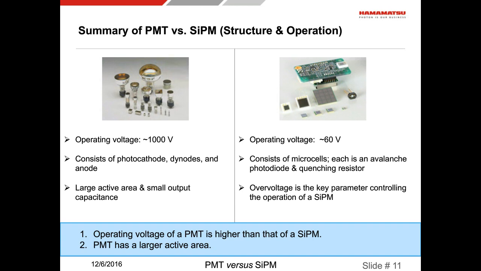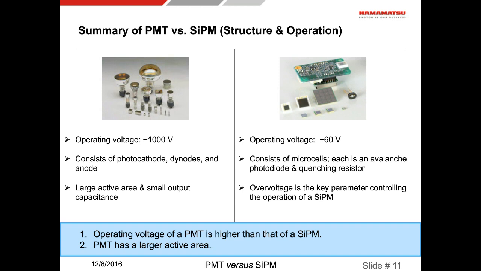I should have also mentioned or stated that the SiPM output is a current pulse. So at the output, we get a current pulse, not a voltage pulse. Another important point, which I did not stress in this presentation, is that PMTs certainly can have very large active areas, but also very small output capacitance. The output capacitance is only a function of the anode and the last dynode.